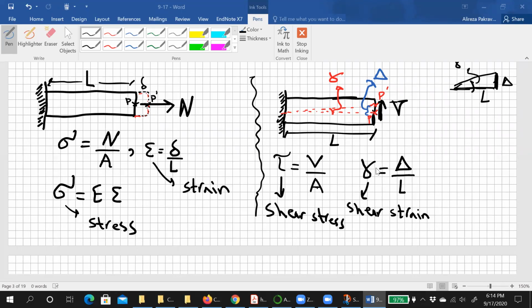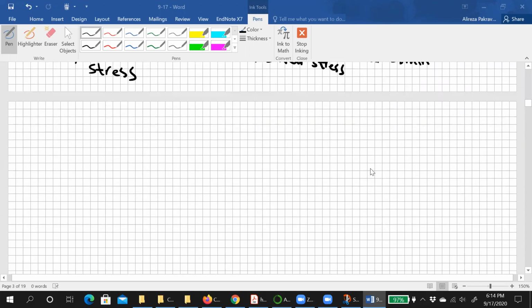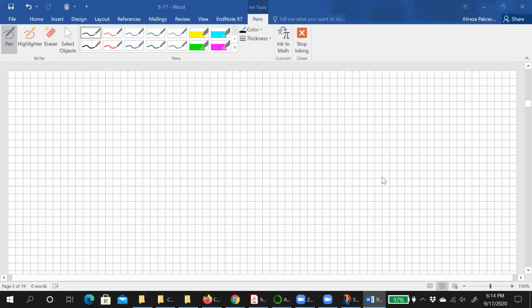So let me solve one problem. I'll try to draw it nicely. I want to draw in 2D.